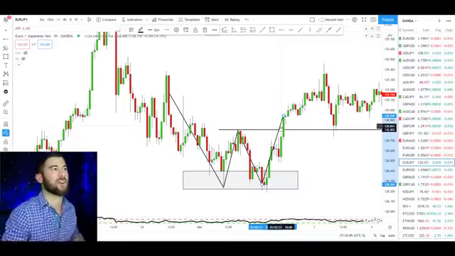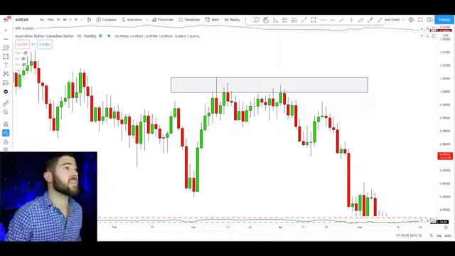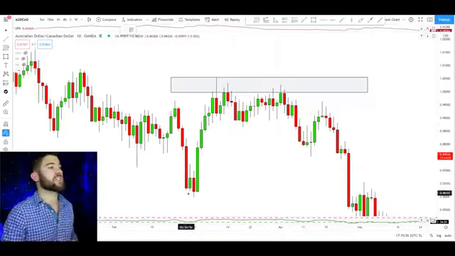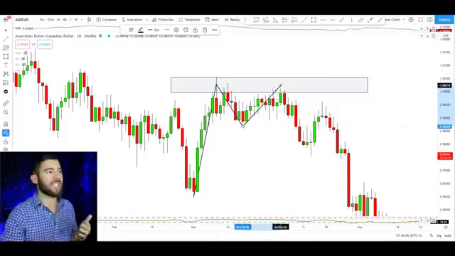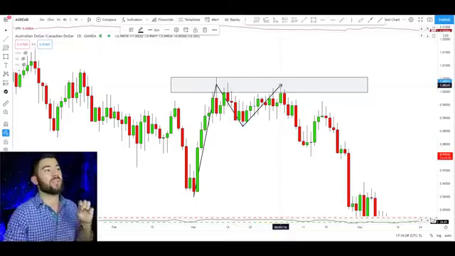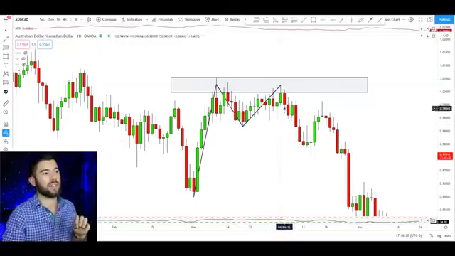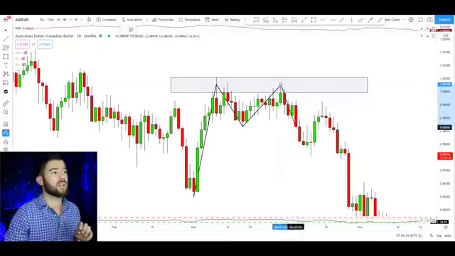Let's check out a double top though. A double top is going to be when the market pushes up to a level of resistance, then pushes down in our initial pullback, but instead of continuing this uptrend, we now test that level of resistance once more and find resistance yet again. The market then breaks through the neckline.